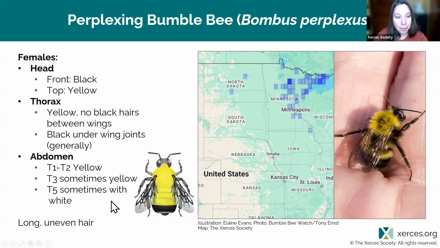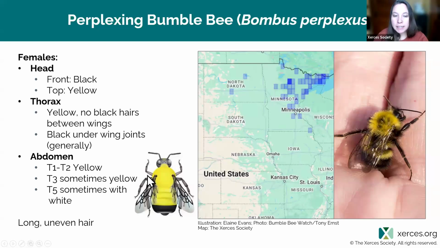It really just depends on the bumblebee. For the females, generally you'll see T1 and T2 with yellow or some yellow. T3 sometimes will have yellow. And then T5 will sometimes have a little bit of white at the very edge at the bottom.